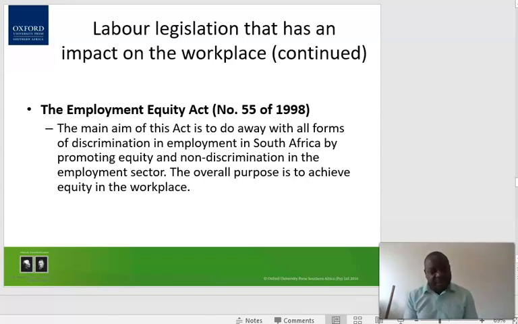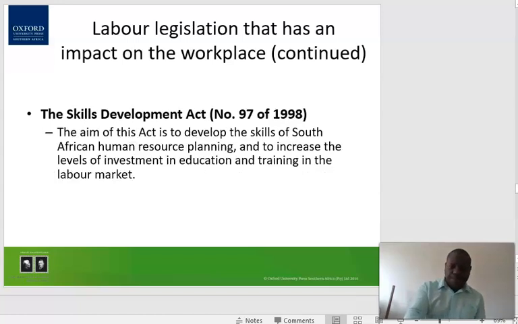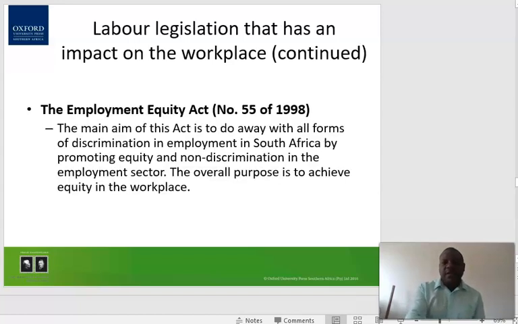Not equality, but equity. So it is mainly as a result of the Employment Equity Act that some organizations will now have to ensure that their workforce also reflects the composition of the general population in the area in which they operate.